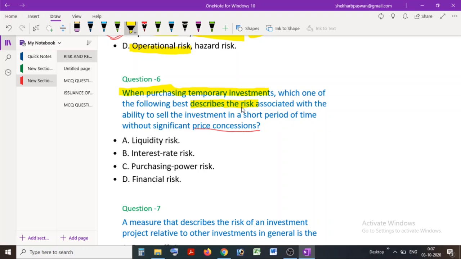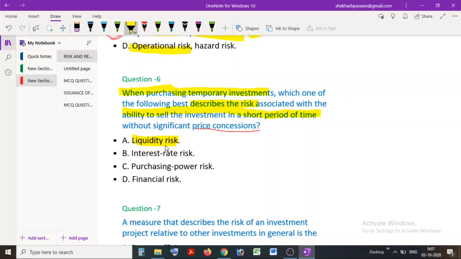The options are liquidity, interest rate, purchasing power risk, or financial risk. The liquidity risk we have already discussed. If we are not able to sell the security at the market price in a short period of time, then it is liquidity related. So this is the correct answer.